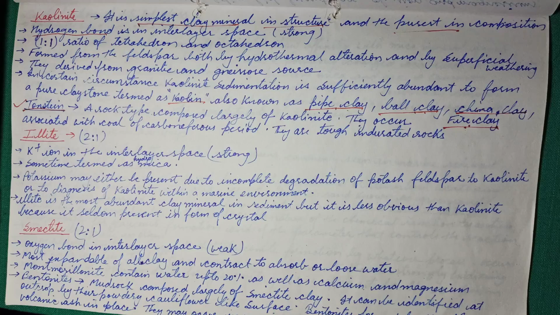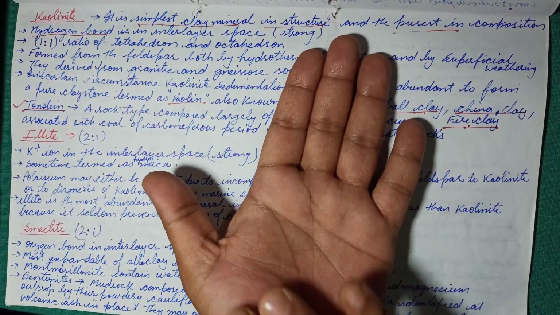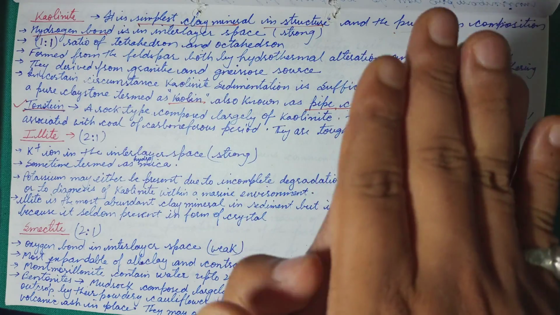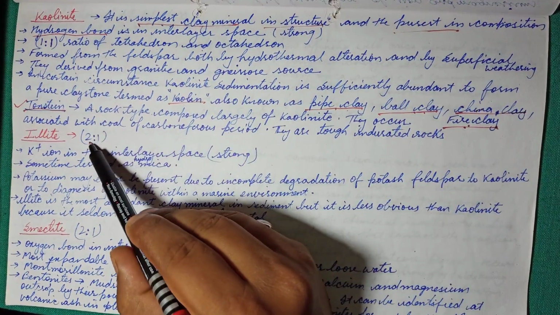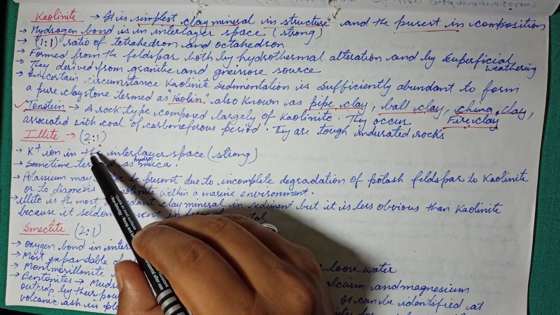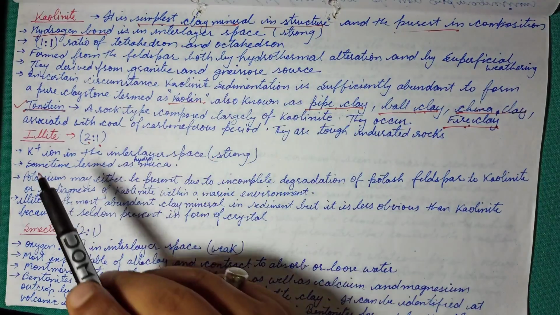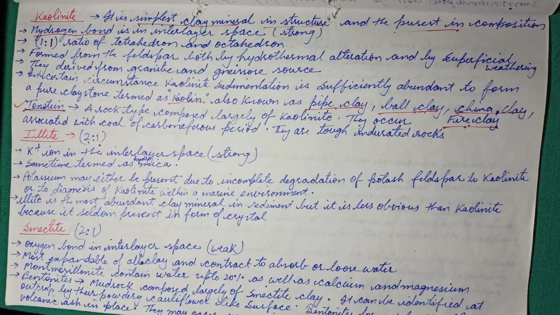Illite has the ratio of 2:1, meaning there will be a layer of tetrahedron, interlayer space, octahedron, tetrahedron, octahedron. See, there are two tetrahedron and one octahedron, so this will make a sandwich. So this is the configuration of illite.